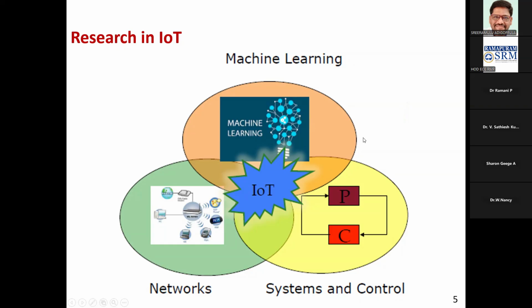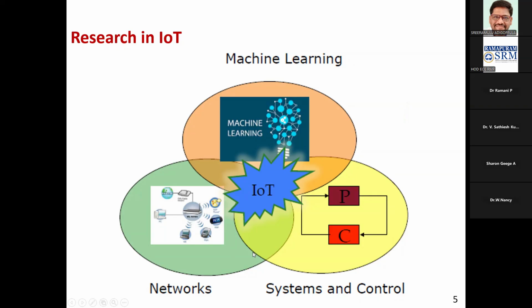If you look at this Venn diagram, you can see that we need to have some knowledge about the hardware, right? So what type of hardware we want to use, how to design the hardware, how to program the hardware, we need to see. Same way, we should have a knowledge on communication aspect, right?